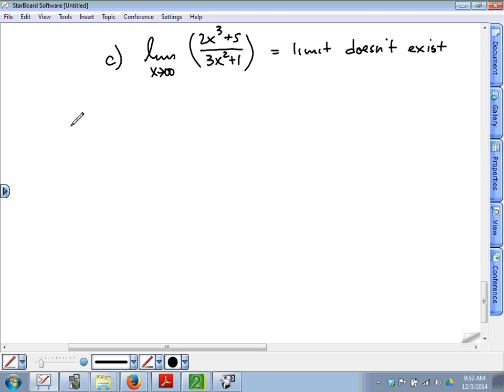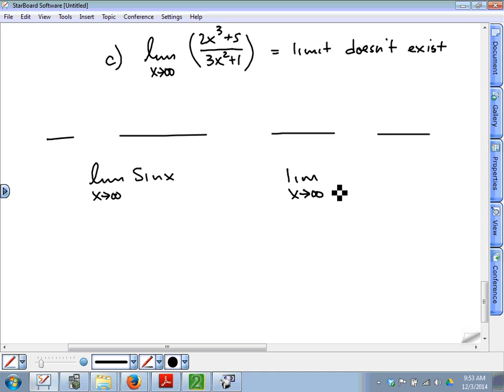Now these next two, I just want you to draw a picture just to have a reference. You aren't going to have ones like this on your test, but just so you can have an idea. Limit as x approaches infinity of the sine of x versus the limit as x approaches infinity of the sine of x over x.